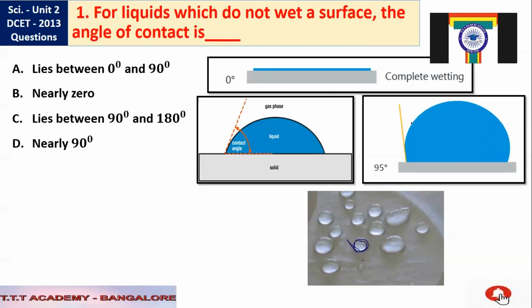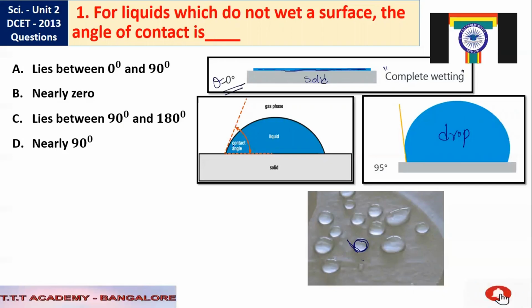So similarly, we can observe this on the screen also. This we can consider as a liquid drop, and here the liquid drop completely wets the solid surface. So the angle of contact is 0 degree here, that means theta equal to 0 degree.